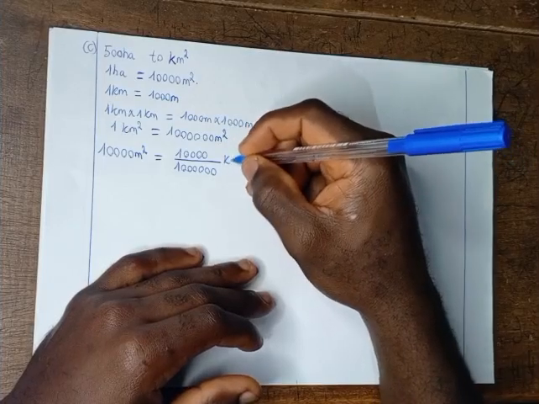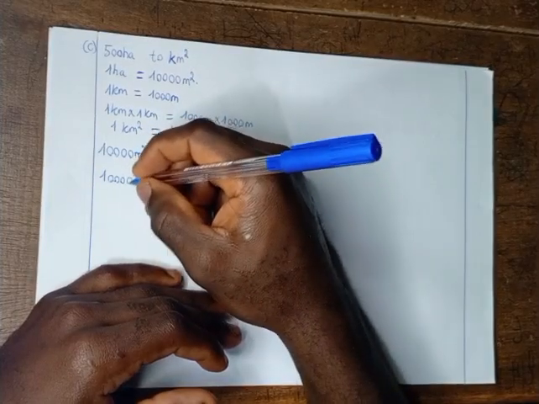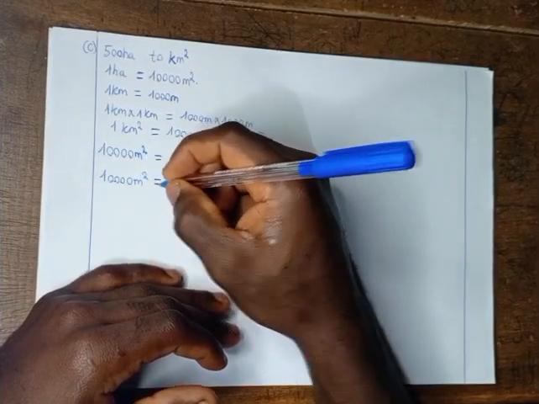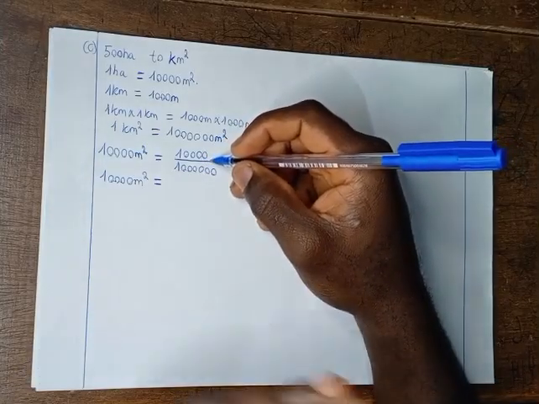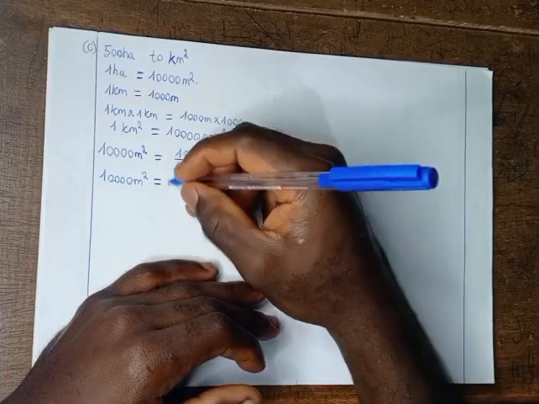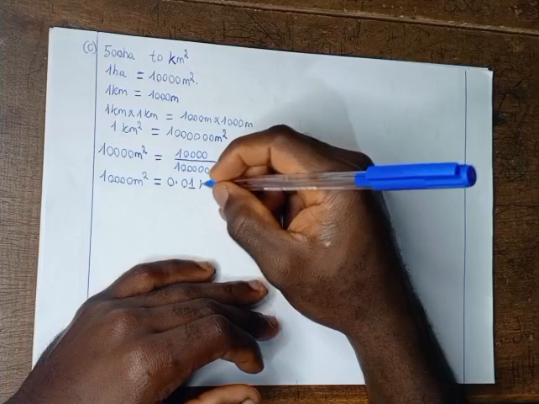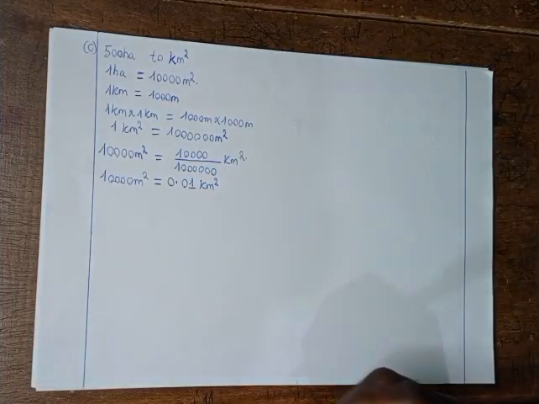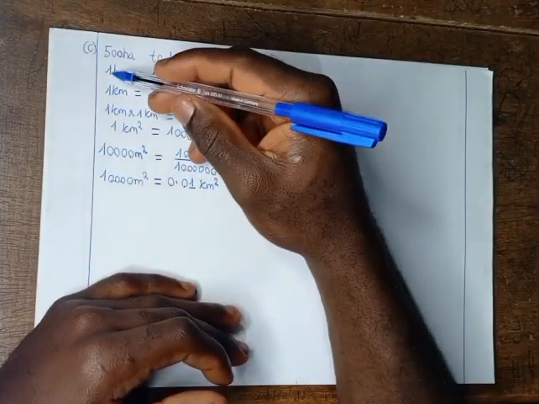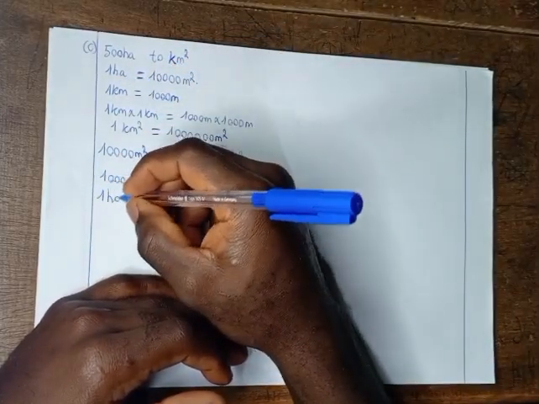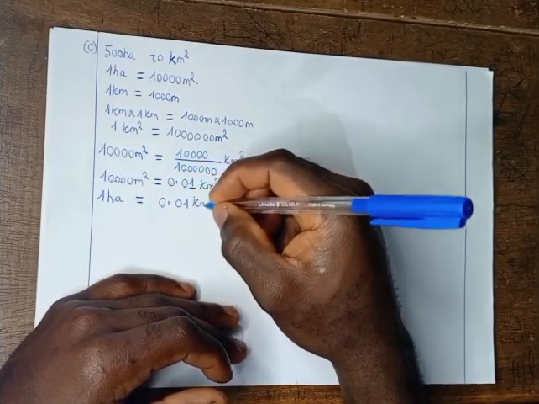And the unit here will simply be kilometers squared. This will give us 10,000 meters squared to be equal to, we are going to take the decimal point 6 places to the left. So this will give us 0.01 kilometers squared. We know that this is the same as 1 hectare. So it simply means 1 hectare in kilometers squared is simply 0.01 kilometers squared.